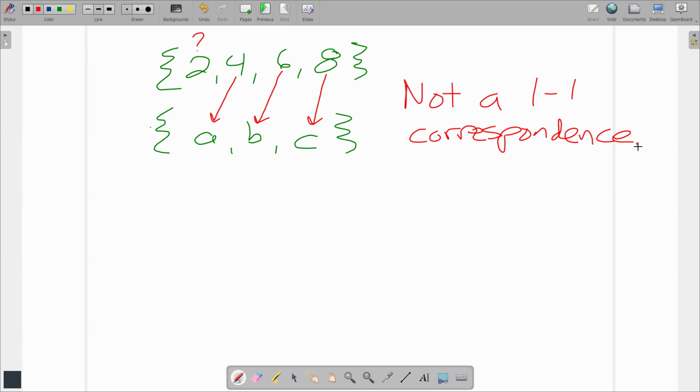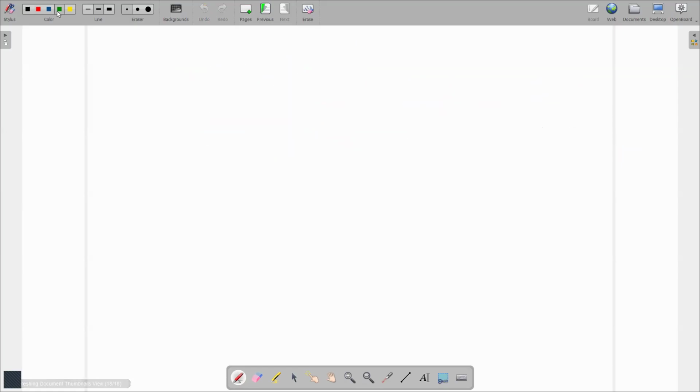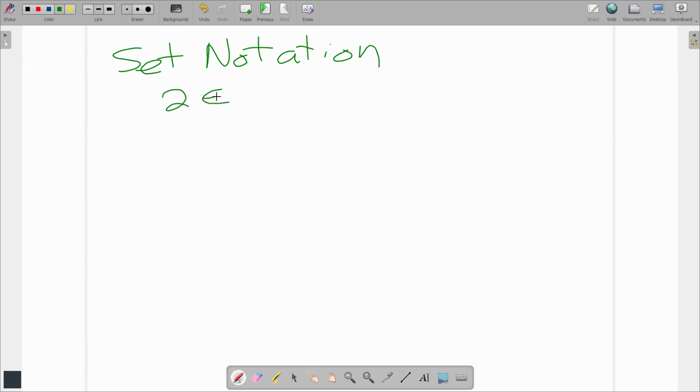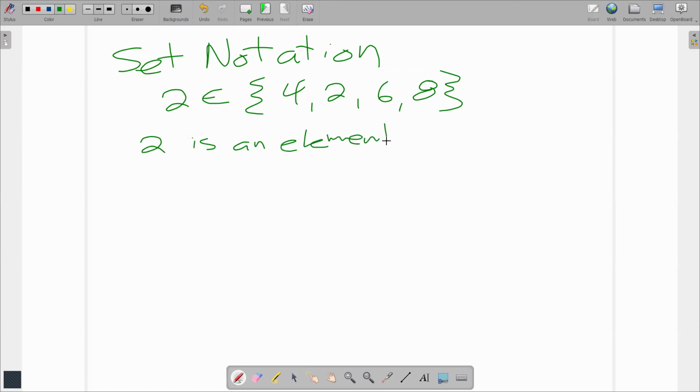All right, some set notation. This says 2 is an element of that set above.